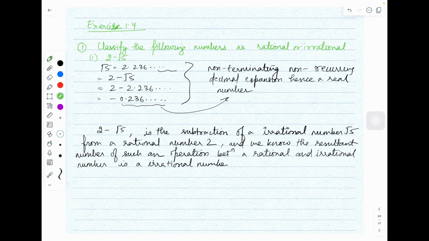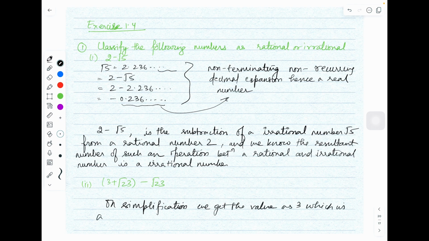Okay. Second question is 3 plus root 23 minus root 23. Okay. On simplification, we get the value as 3, which is a rational number.